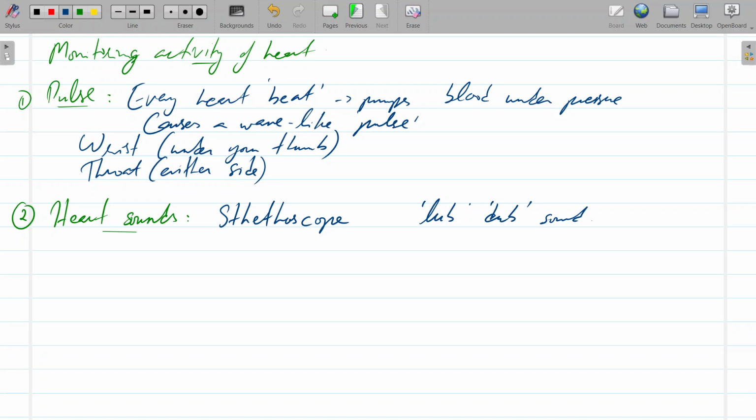And what they actually correspond to: the lub is the sound of the closing of the atrioventricular valves, the valves between the atria and the ventricles. So when they close, there's a lub. And then the dub is, as you can guess, the closing of the semilunar valves.